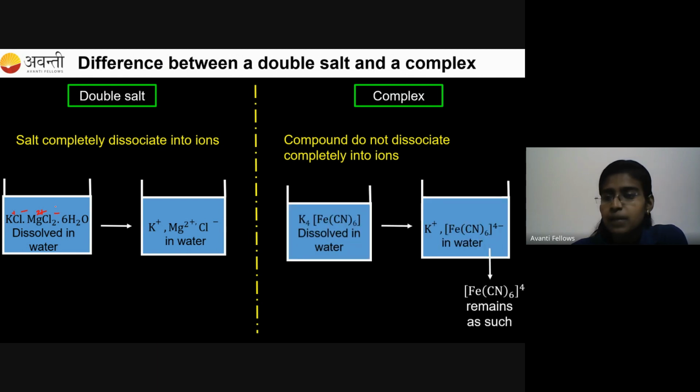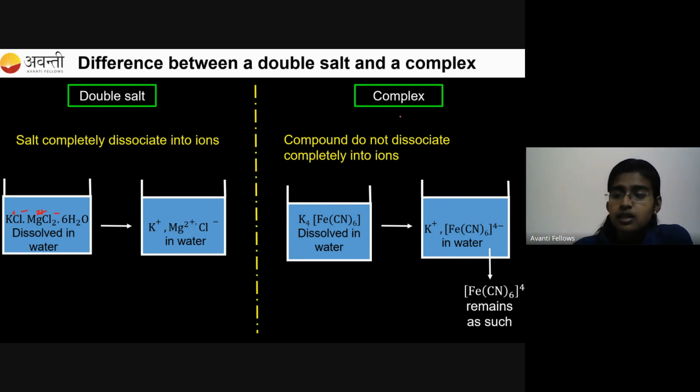But in a complex, you see, this is a complex. K4[Fe(CN)6] is a complex. Okay. And when this particular complex is dissolved in water, it gets separated into cation and anion.